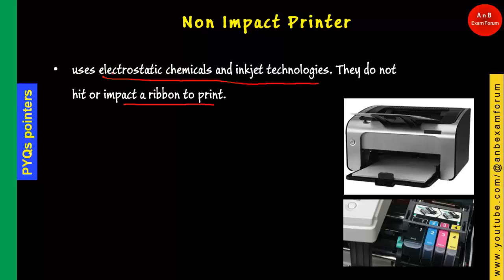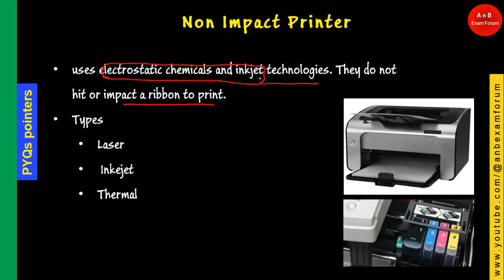There are basically 3 types of non-impact printer. So generally he can ask you which of the following is a non-impact printer. Your answer would be one of these 3. Commonly one is the laser printer, this is the inkjet printer, and the third one is a thermal printer.